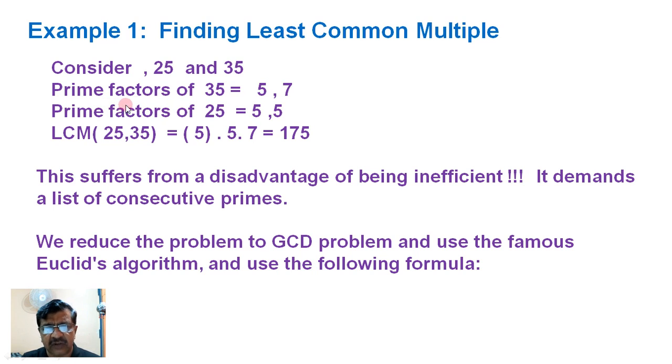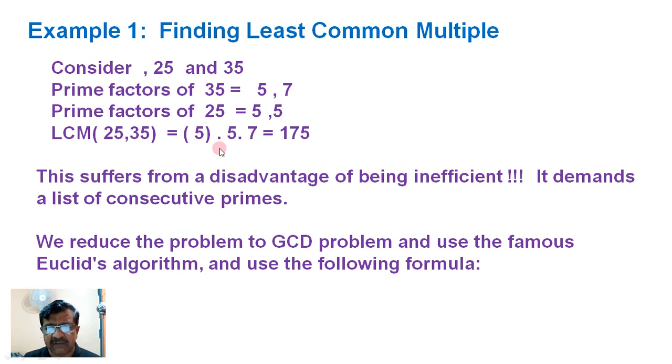We used to find the prime factors of 35, 5 into 7, and the prime factors of 25, 5 into 5, and we would select the common prime factors among the two prime series. So one 5 is considered, and all the remaining non-paired prime factors. Here there is no pair for this 5 and no pair for this 7.